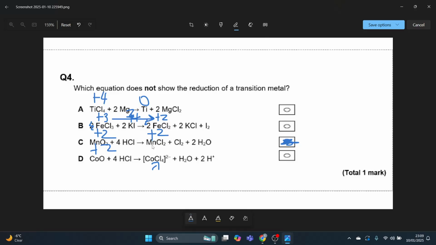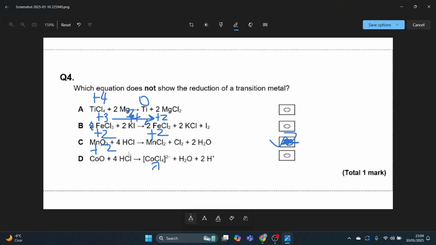Is this the reduction of a transition metal? I can't believe I got that wrong.